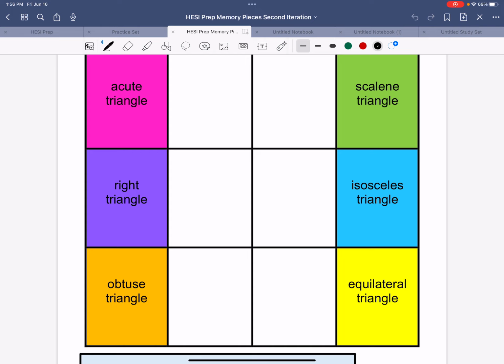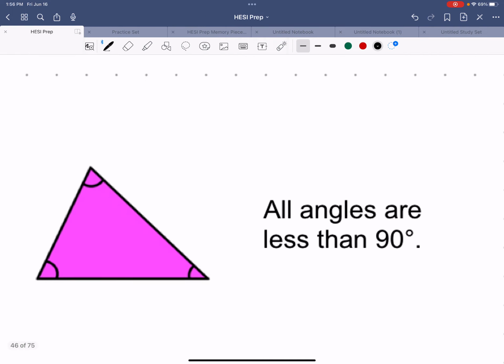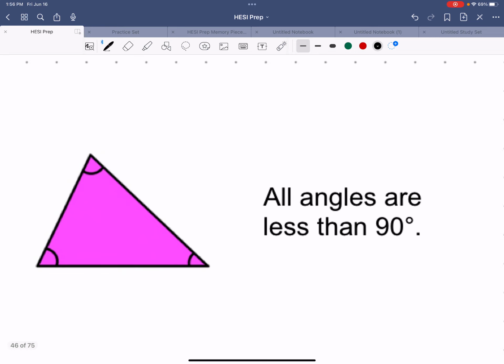And then we have an acute triangle. That means that all of its angles are less than 90. So for example, we could have an 80, a 60, and a 40. It still has to pass the triangle test. So 60 plus 40, that's 100, plus 80 is 180.